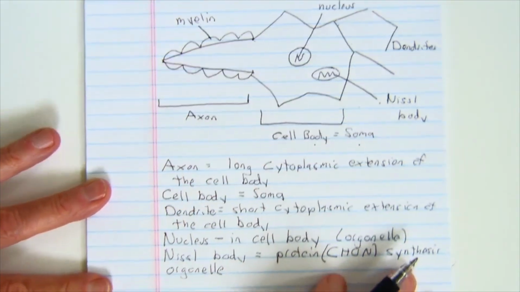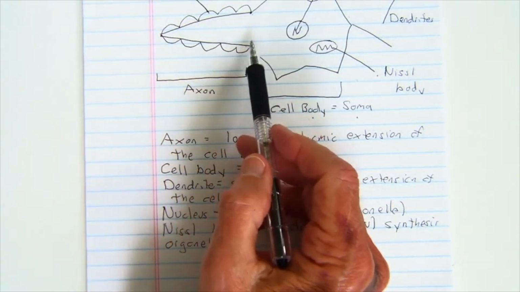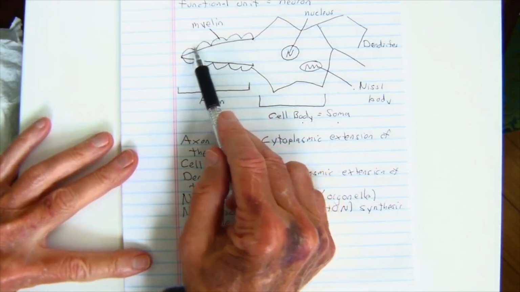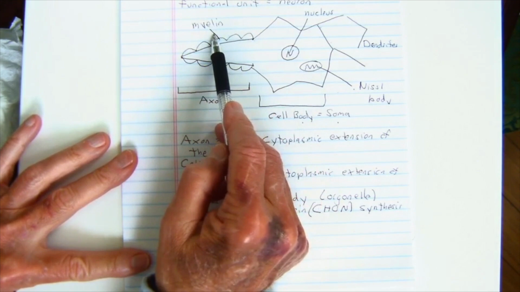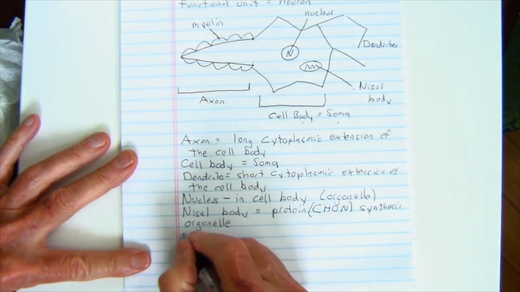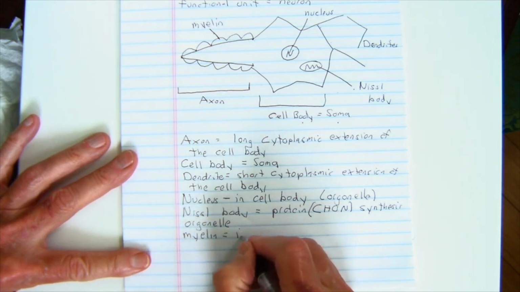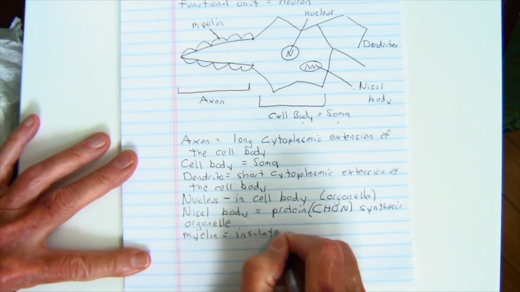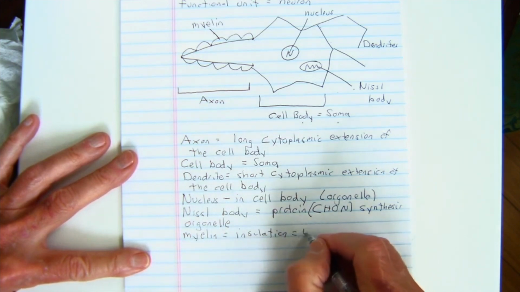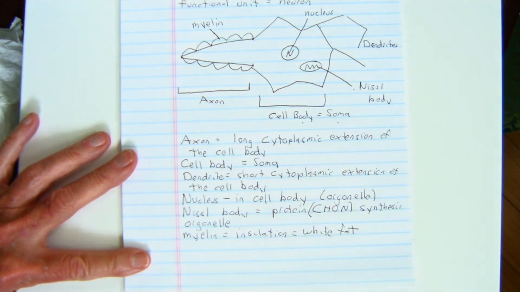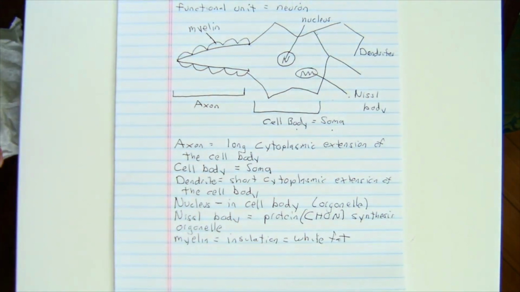And then when I look at the axon itself, you notice I drew these bumps running over the top of it, and therefore I describe them as being myelin. So myelin equals insulation equals white fat. So that is what's going to insulate that axon, just kind of when you think of like a wire has insulation around it.